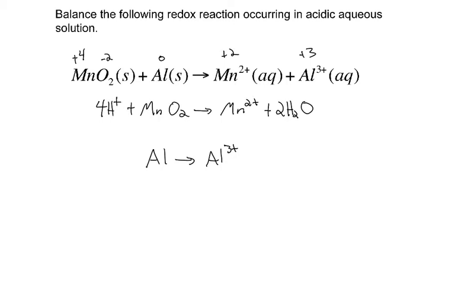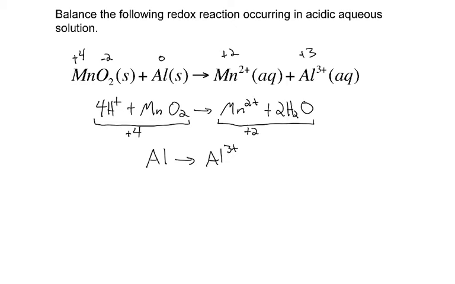All right, the last thing I need to do is balance the charges, and I do that by adding electrons. If I look on my reactant side, my total charge is 4 times +1, and then this one is neutral, so the total charge on the reactant side is going to be +4. The total charge on the product side is +2.